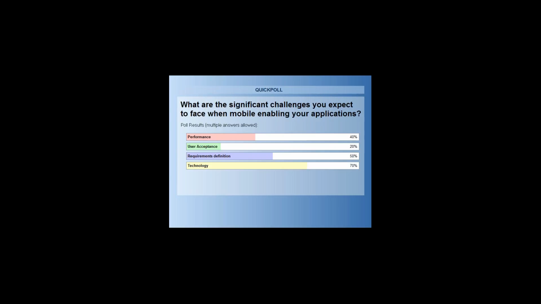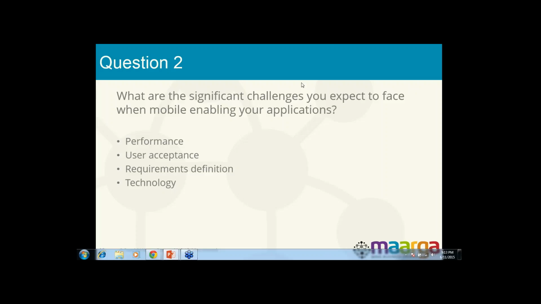Thanks, Scott. And that is in line with what we have seen. It's performance and the technology, and I would presume you all as well think about the many different possibilities, especially if you are either a developer or someone in the manager role putting together the strategy and how we're going to do mobile.